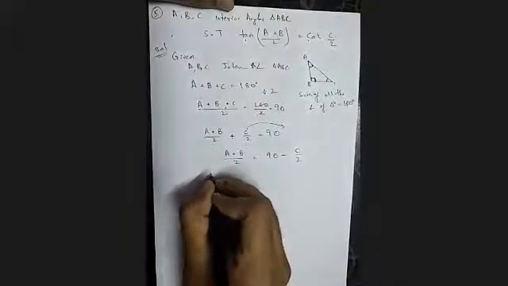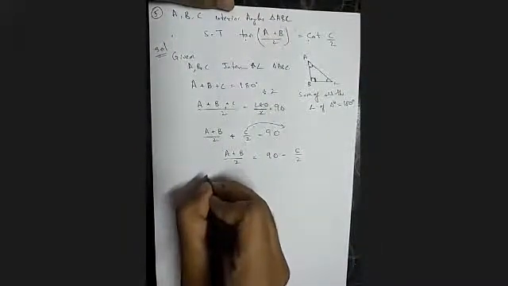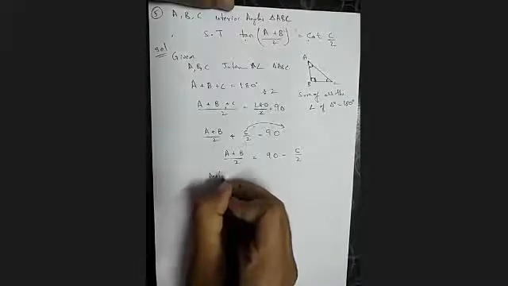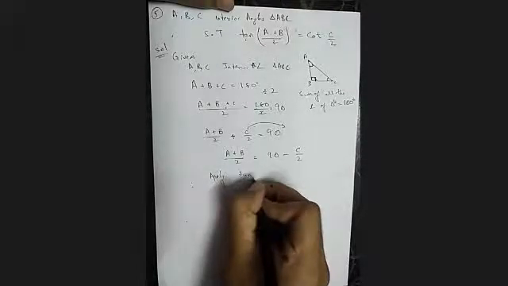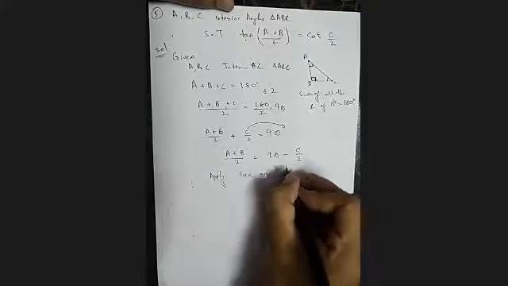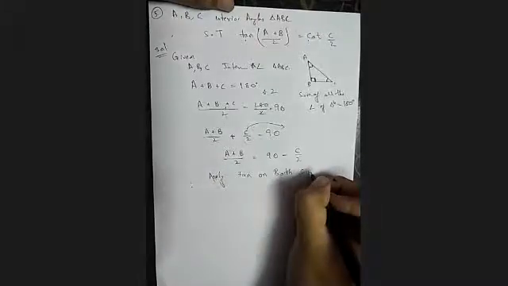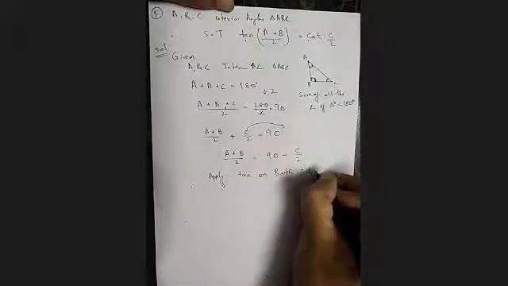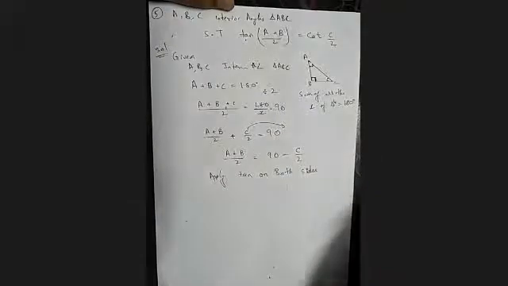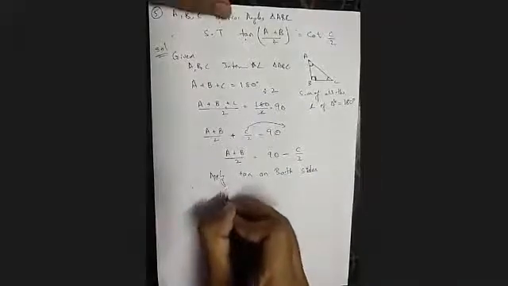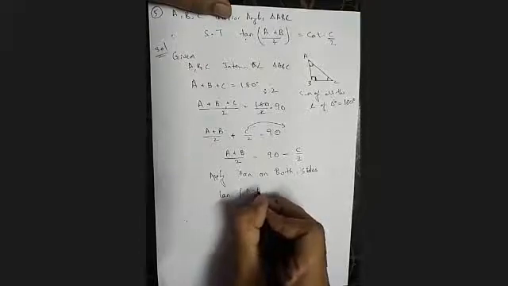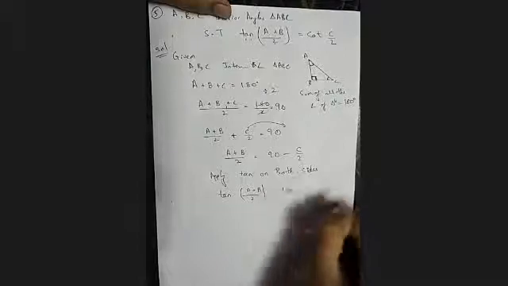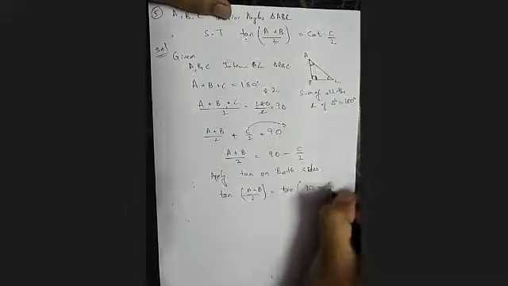I am applying tan on both sides. So tan A plus B by 2 will be equal to tan 90 minus C by 2.